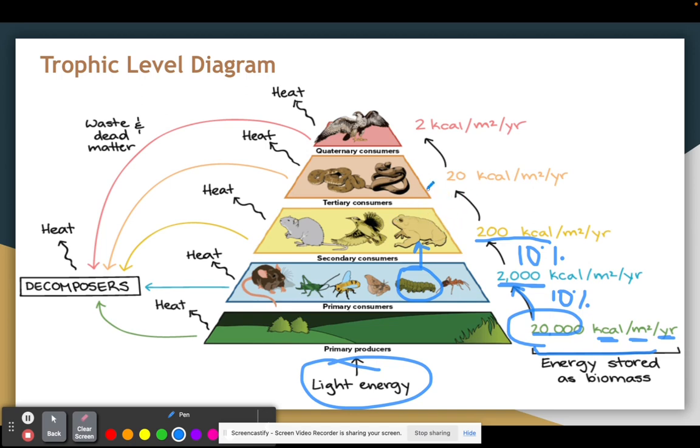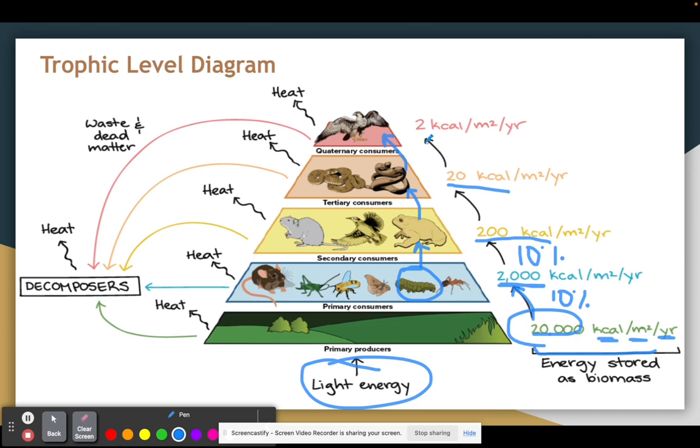And then when you have something like this snake eats the frog, because the frog has used up 180 kilocalories per meter squared per year to live and do whatnot, when the snake eats it, it actually only gets 20 kilocalories from that frog. Now, the snake, if it's eaten by this red-tailed hawk, it looks like, I don't know, I'm sure some ornithologist out there is going to correct me, but this is eaten by this large bird of prey. This is our apex predator. Nothing naturally is known to prey on this.